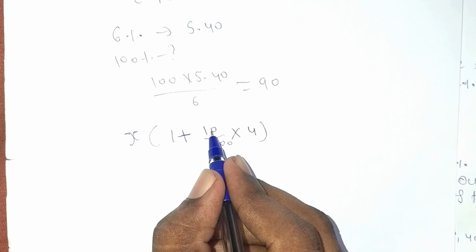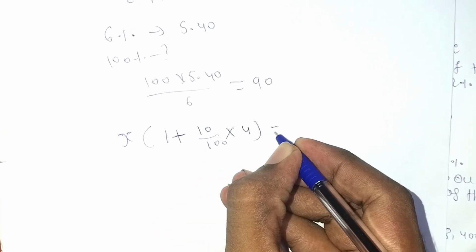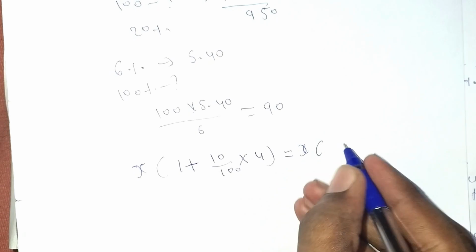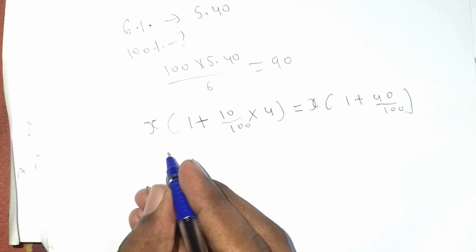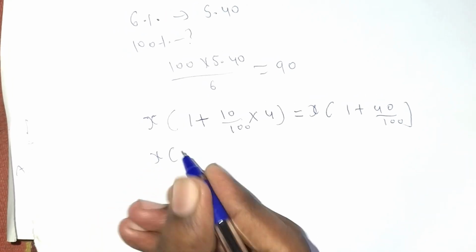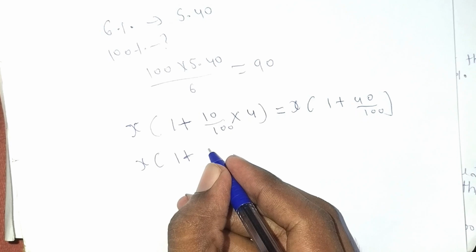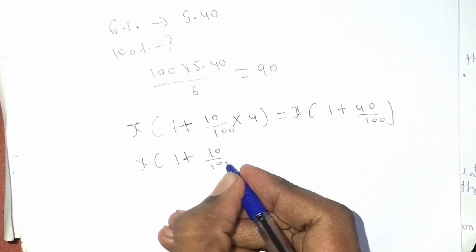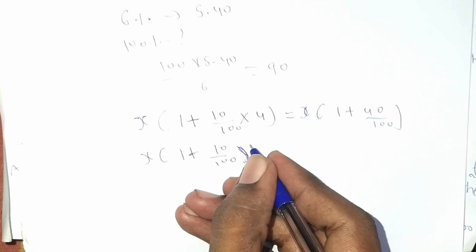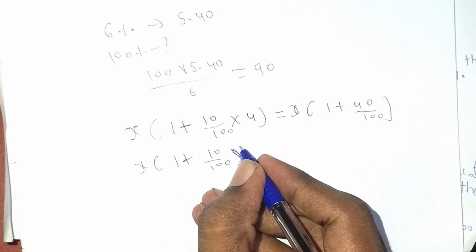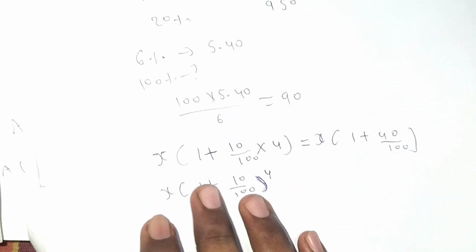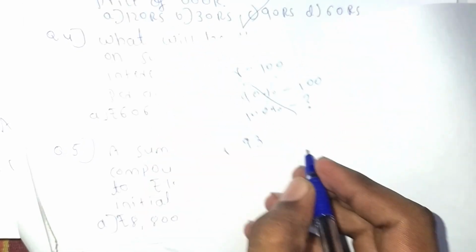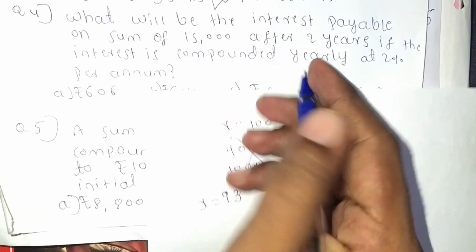So this is the number of terms, and this is the percentage, and that is x into 1 plus 40 divided by 100. And for compound interest the formula is x into 1 plus the percentage divided by 100, power how many terms. It means for 4 years this is 4. When I solve this question you will understand, no problem. So let's continue here.